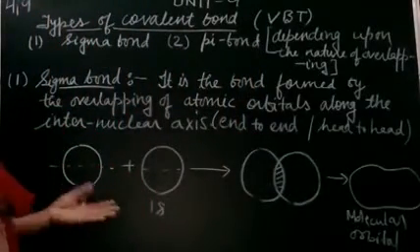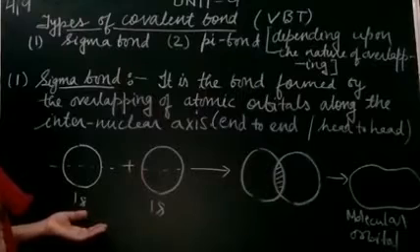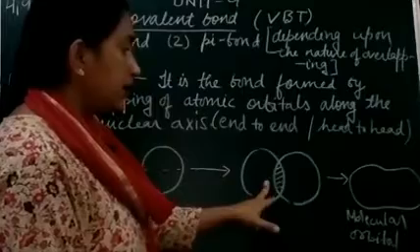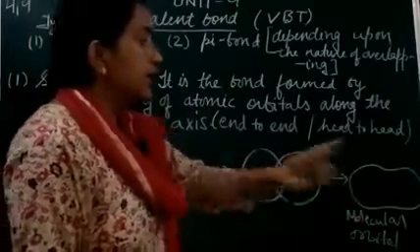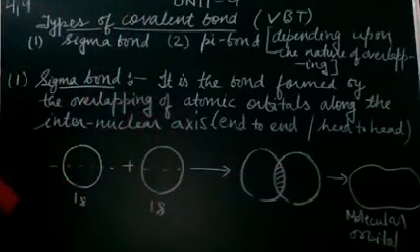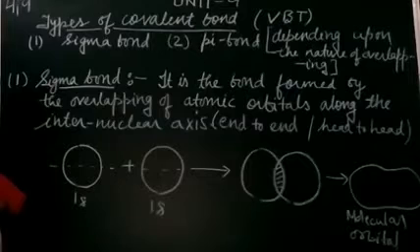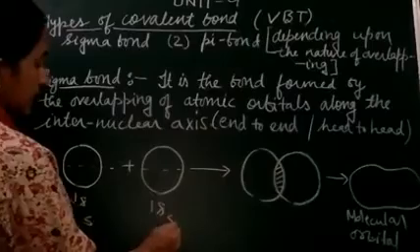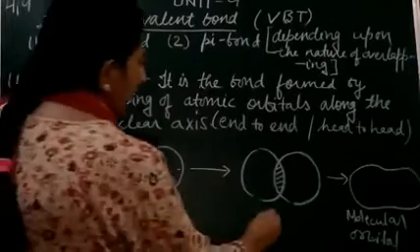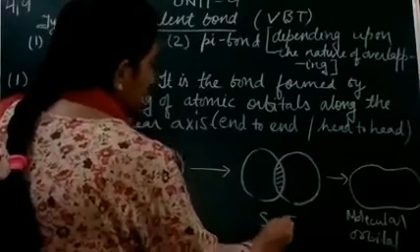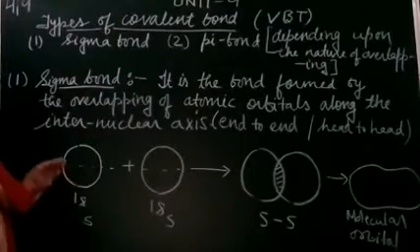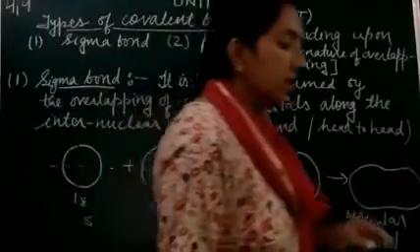And students, here the electron cloud will be symmetrically distributed along the internuclear axis, right. Here this is an s orbital, this is another s orbital, and this type of overlapping is known as the ss overlapping, right. So I think this is clear what a sigma bond is.